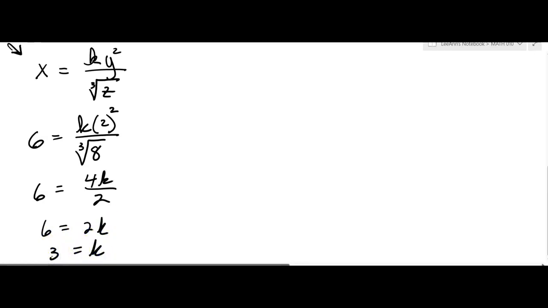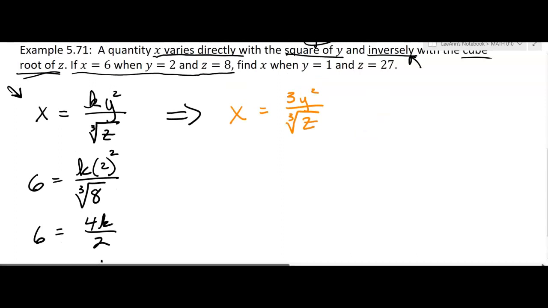Okay, now we can write the formula. Now we can go up here and we say we know what k is. The model is going to be the same, except for that k now is going to be a 3. There's our formula then. Now they can tell us like y and z, and we can figure out x, or whatever two variables they want to give us.